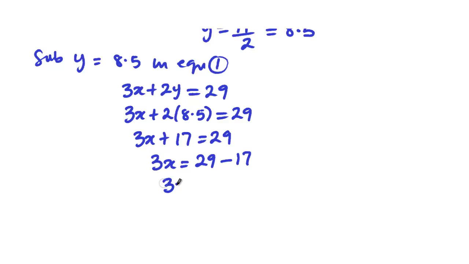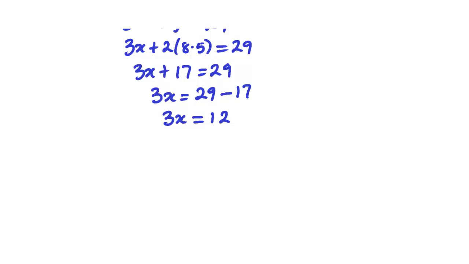So 3x will now be 29 minus 17, and that will give us 12. Okay. So we divide both sides by the coefficient of x. And the coefficient of x here is 3. So 3 cancels 3. So x basically will now be equal to 12 divided by 3.